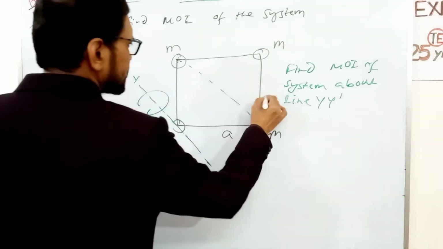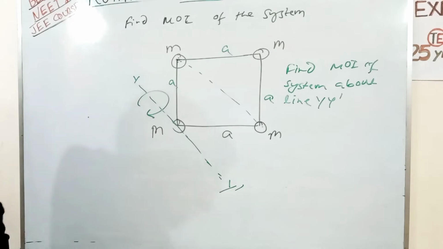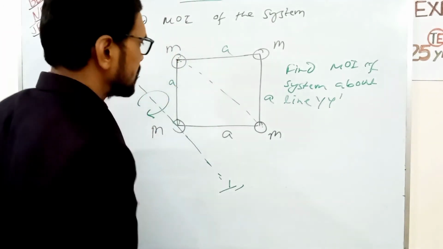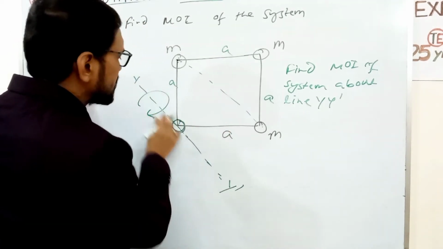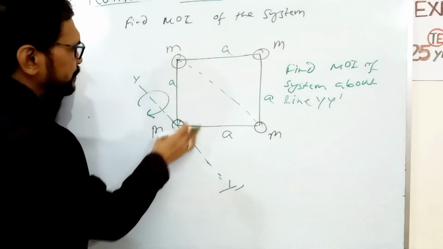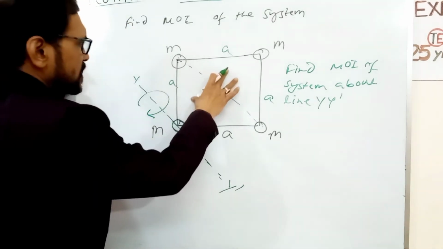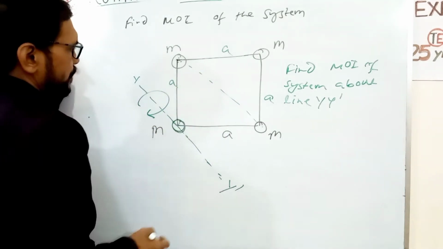So what is the solution here? This is a square of side a. The solution is the moment of inertia about this line, which is in the plane of the system.